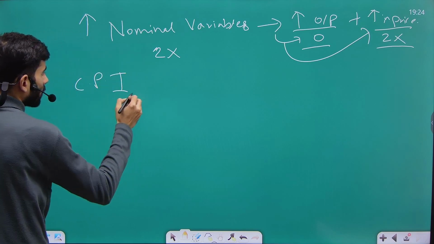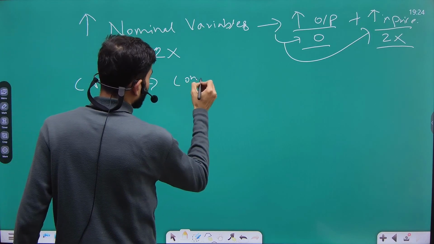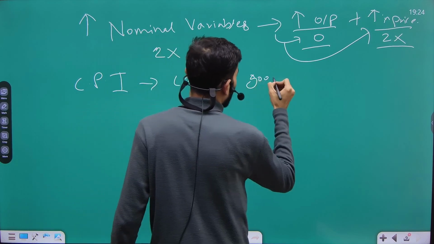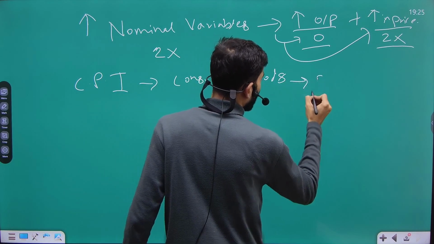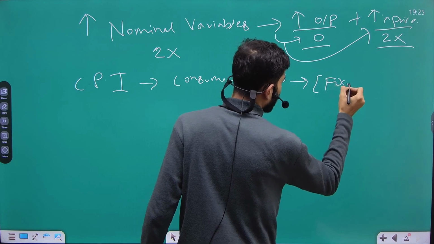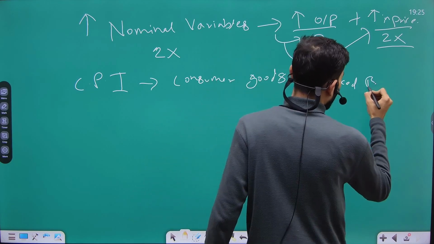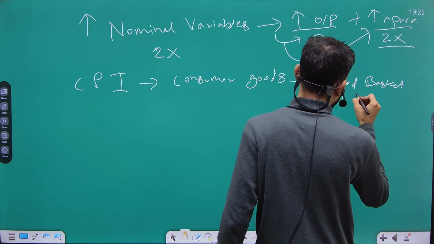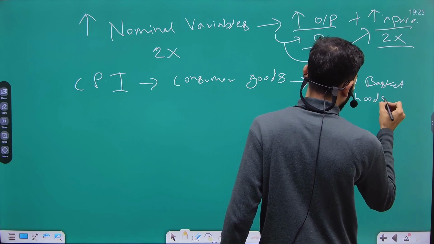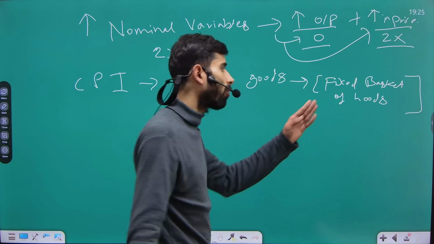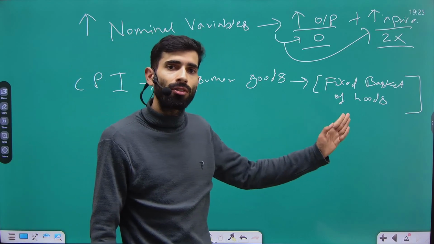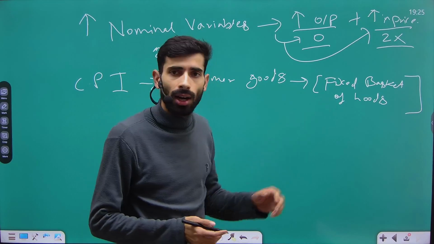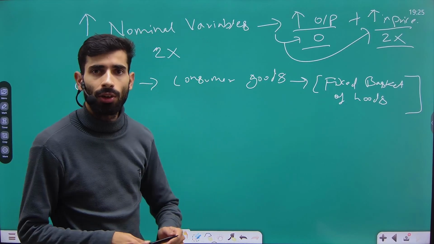But when we're talking about CPI, Consumer Price Index, it includes consumer goods, which is basically nothing but a fixed basket of goods, which is very basic and necessary for an individual's living. You may consider it as a shopping cart that you purchase monthly for your survival.